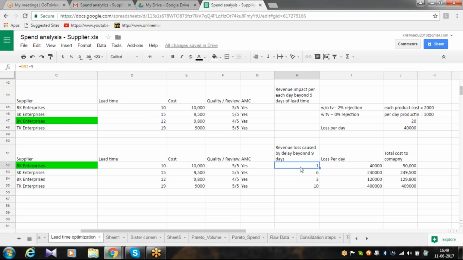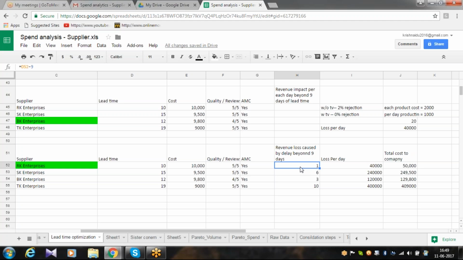So you got a customer order which has to be delivered, and you don't have the raw material, and you are asking the supplier to give the raw material to you. You know that there is a time frame in which we have to use the raw material in manufacturing, then pack it and deliver it.